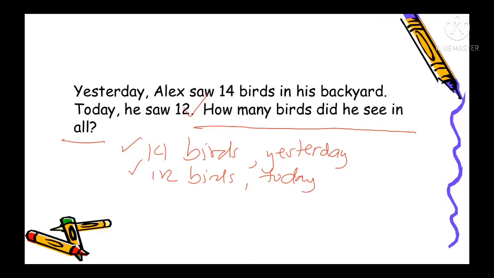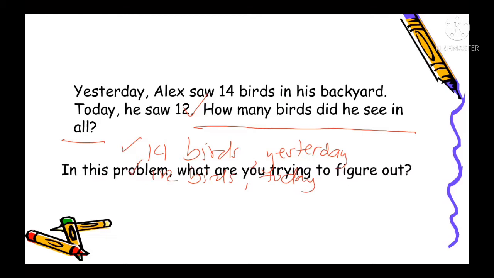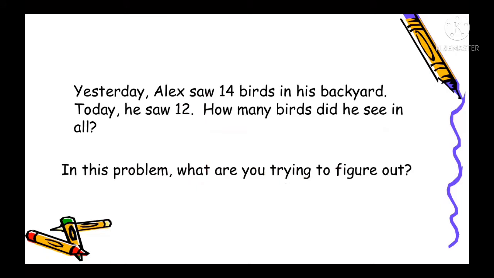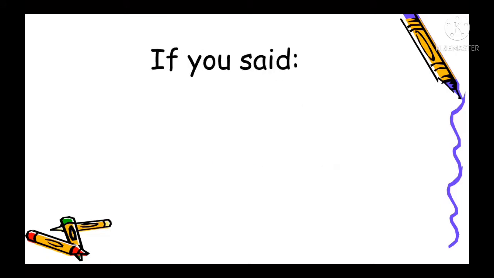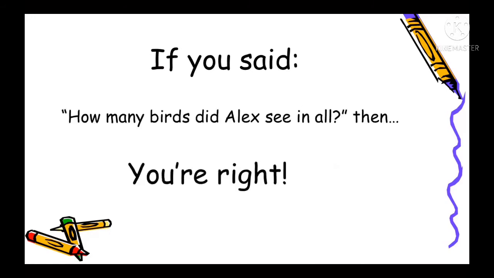We have the given here, 14 and 12 birds, and the question, how many birds did he see in all? So in this problem, what are you trying to figure out? We already know: how many birds did Alex see in all? So we need to identify first those important details, the given and the question.